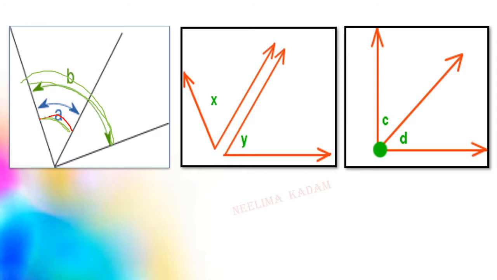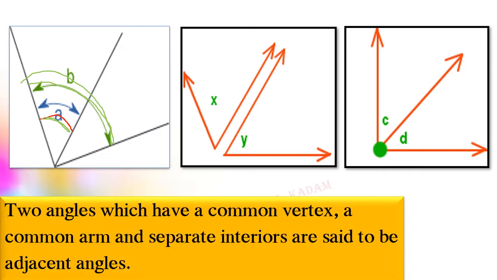Means their interiors are coinciding each other, right? Therefore this is not adjacent angle. They have a common vertex, they may have a common side, but their interiors are not separate, right? Therefore they are not adjacent angles.